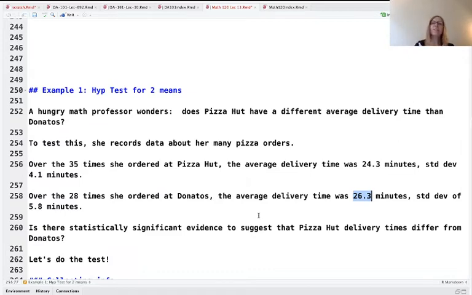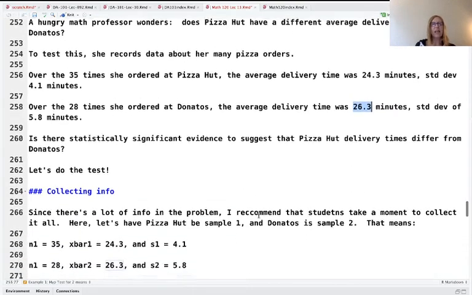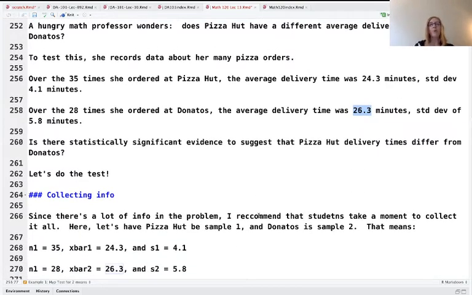Okay, back to our test. Let's do this test. Before we really start the test, I want to take a second and collect all of the important information. I recommend that you guys do this too. There's two samples, so there's kind of a lot of numbers in this problem, and I like to take a second to really organize those things and make sure I understand what everything is.